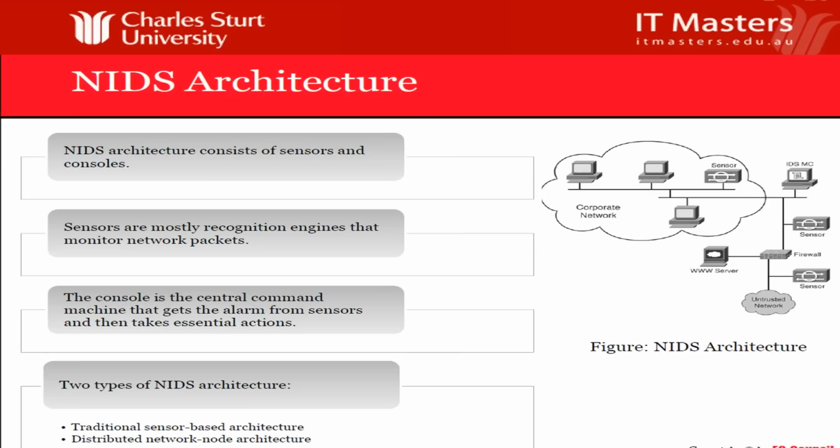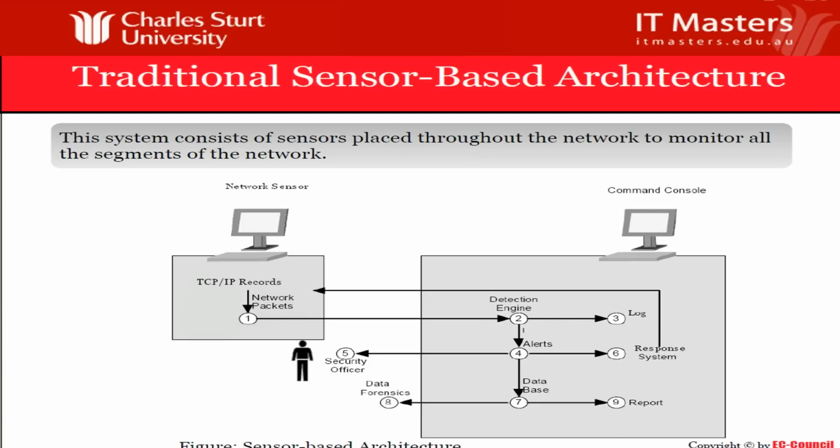Then we have the distributed network node architecture, where you place nodes randomly in the network. What is a traditional sensor-based architecture? This system consists of sensors placed throughout the network to monitor all the segments of the network. So it has a network, let's say TCP/IP.